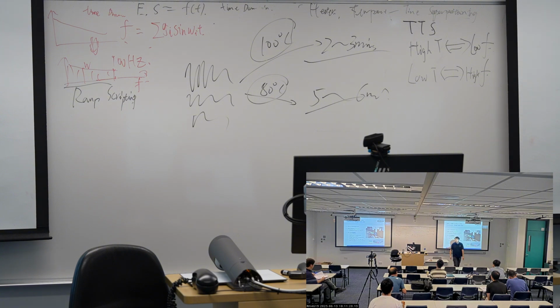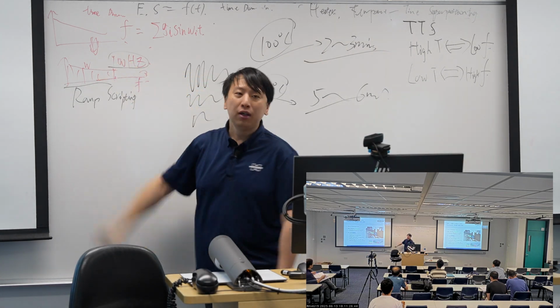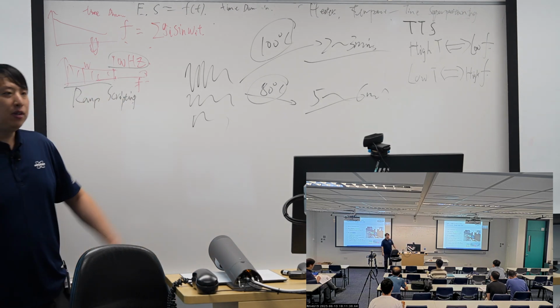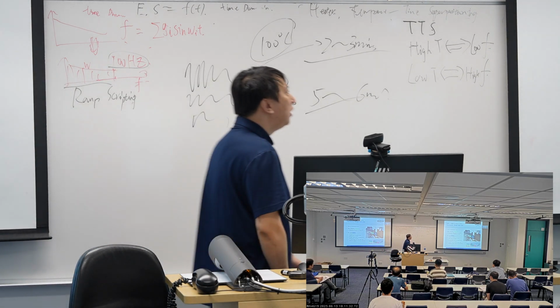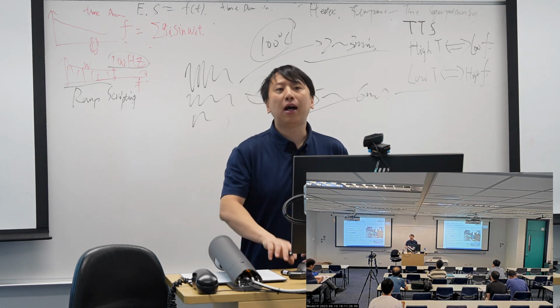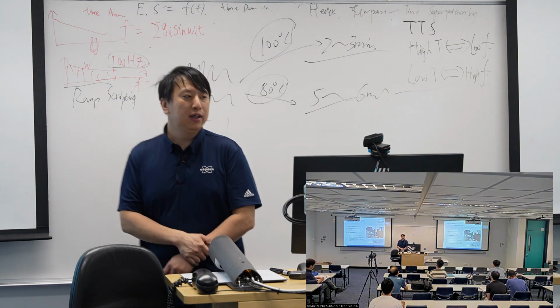That's why in the traditional DMA, they don't need to use the high frequency stuff, because they can reduce their temperature. If they reduce their temperature, they can think, I obtained the data at high frequency. And the Bruker did the opposite way.